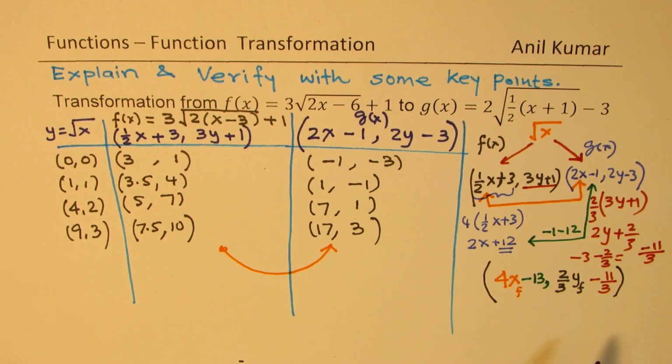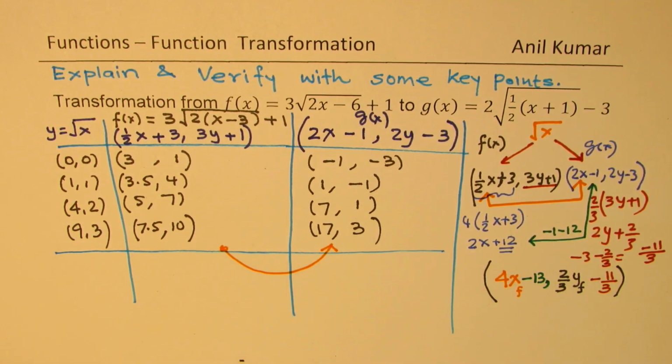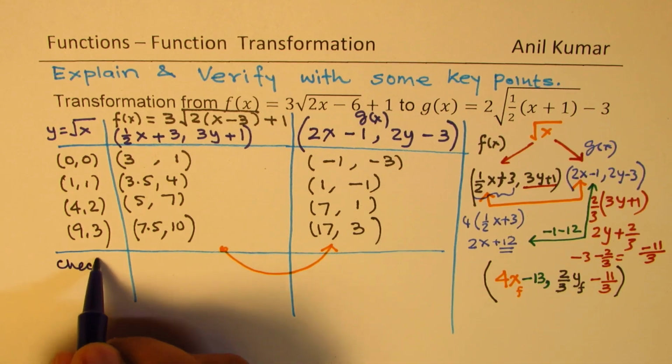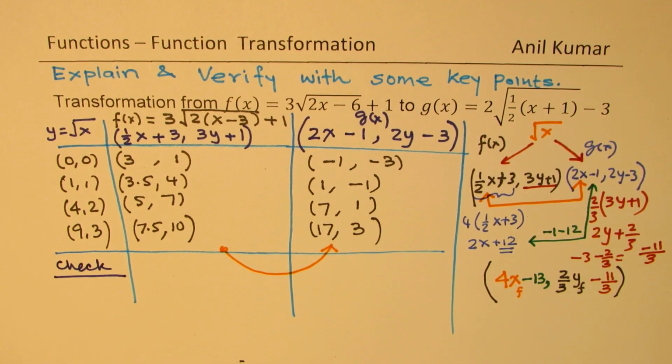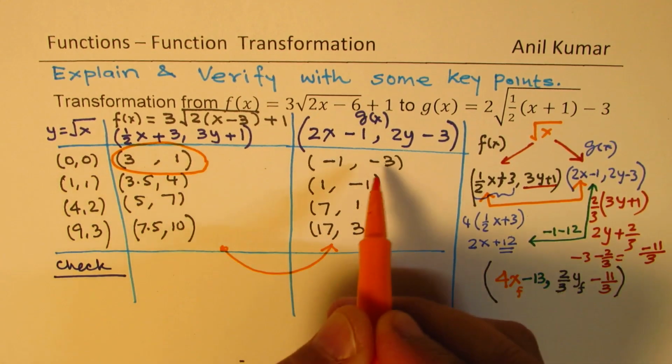Correct? So let us check now. So what we will do now is we'll check our values. So we'll check with at least 2 values. So let's consider these 2 values. This and this.